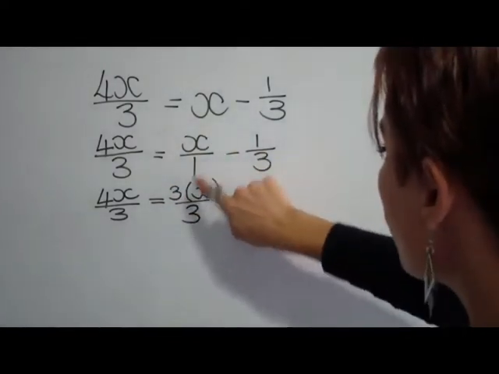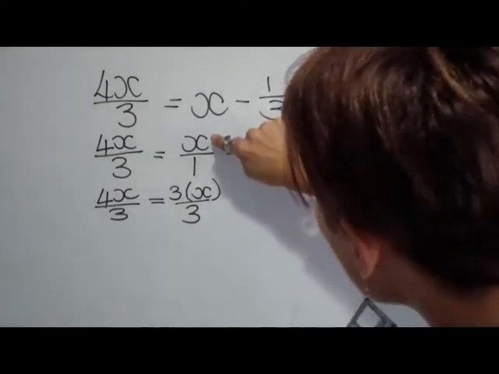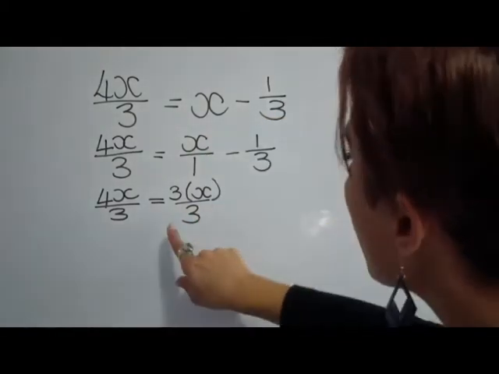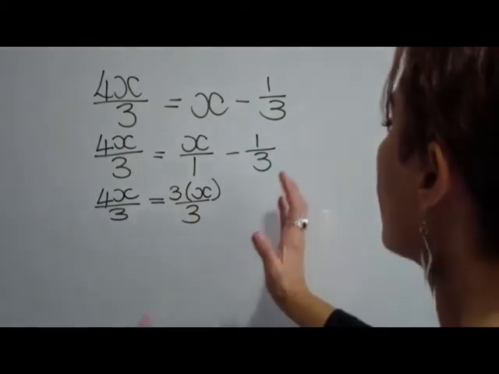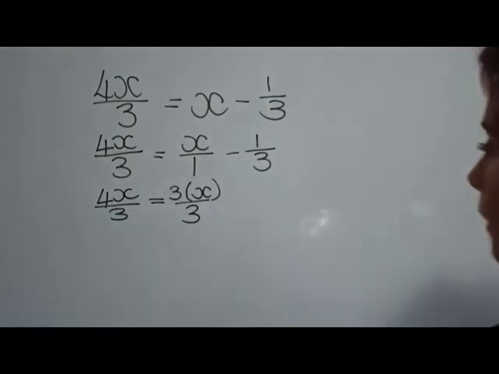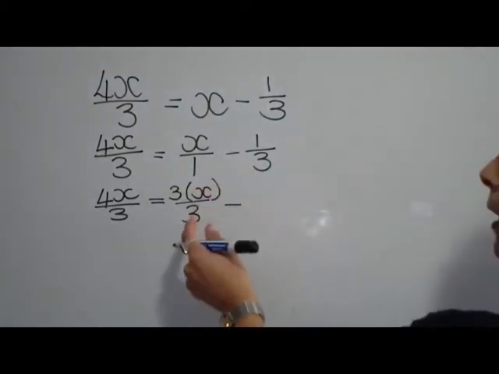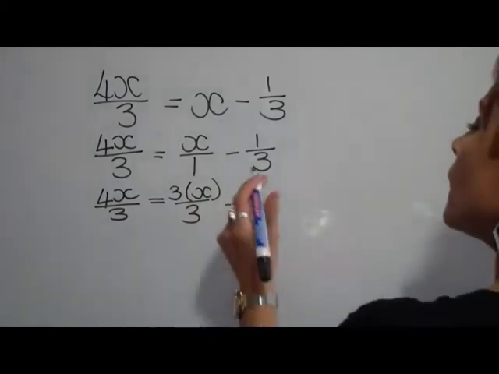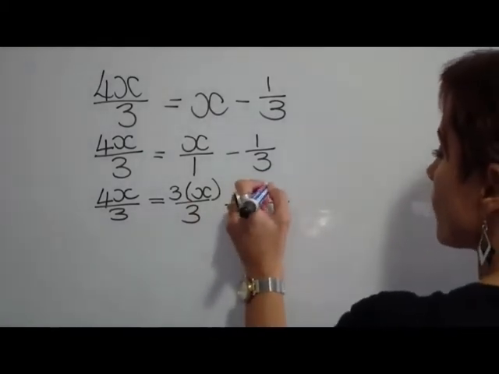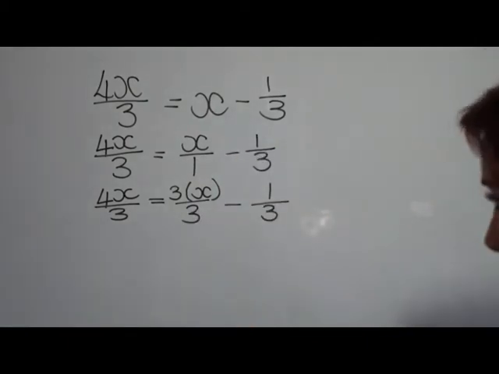So kyk gou hierso, ek sê 1 maal 3 is 3, en nou sê ek, okay, hierdie x moet dan ook met 3 gemaal word. Ek sit 'n 3, en dan in 'n hakie die x, dit wil sê die teller, wat met 3 gemaal moet word. You'll understand now why on earth I'm using a bracket, okay? En dan hierso, hierdie ene is 'n 1 op 3. It's already a 1 over 3.